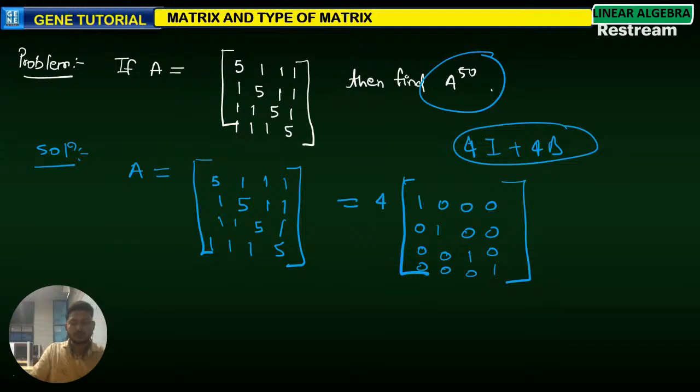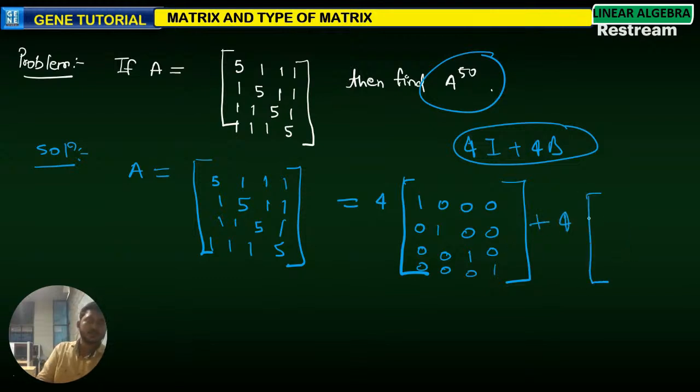Because B is what type of matrix? An idempotent matrix. So when we apply the concept behind this and take A to the power 50, it gives you matrices of the type 4I plus 4B, with B idempotent.